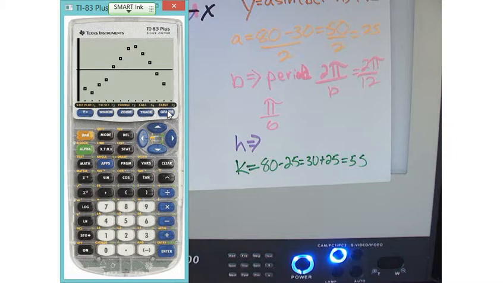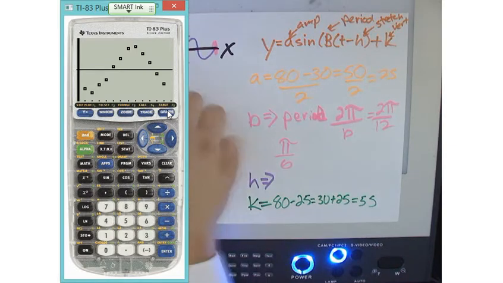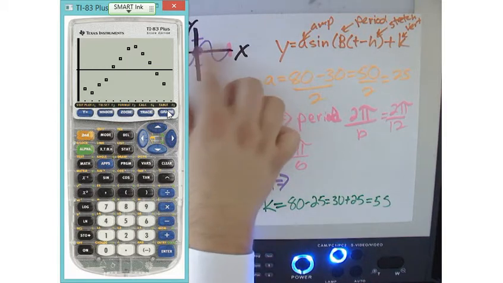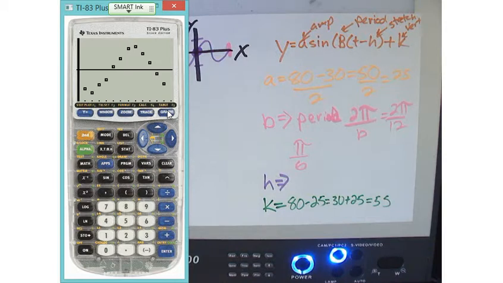Now, h is where the cycle begins, based on what the original sine function looks like. In other words, we're going to slide this graph over so many spaces. So now let's look at the graph again. Where would this begin, if you had to guess? About 5, right?